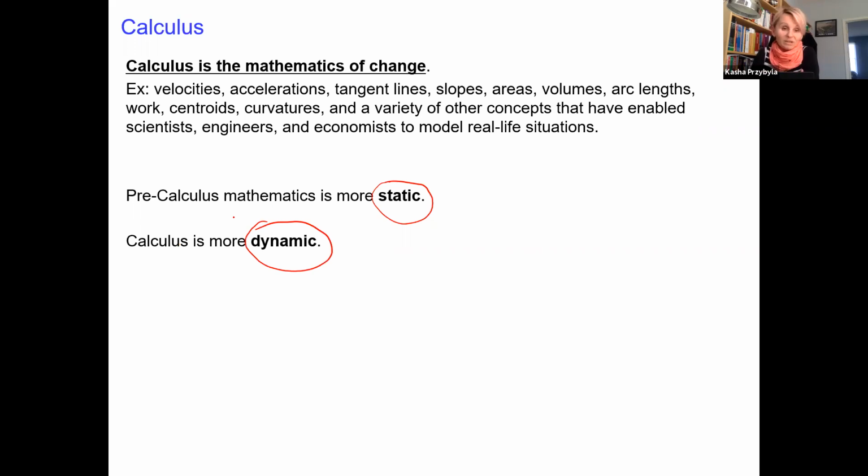Okay, which means calculus will be the set of tools with which we will create problems. Okay, that means we will create the problems, and then in order to solve the problems, we will definitely need pre-calculus algebra. Okay, and calculus, of course, we have lots of applications, lots of uses of that field.